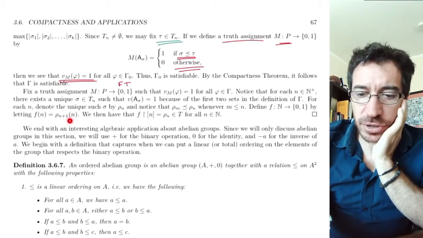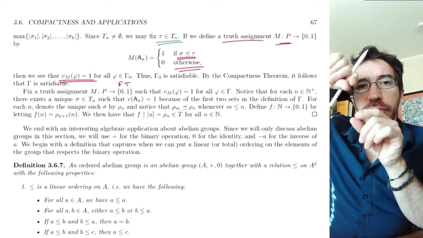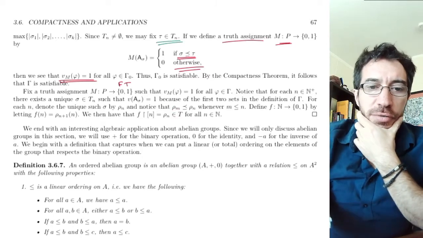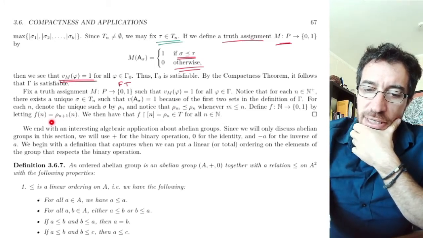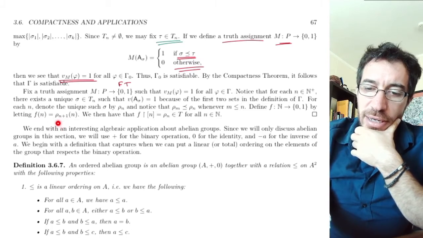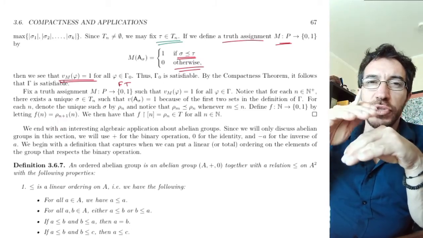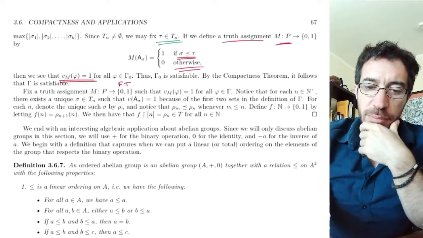Well, these rho m's and rho n's are finite tuples, and what we want to define is a function. What is the value of this function at n? And why is it taking n plus 1? Well, because rho n has size n, so it's only defined from 0 to n minus 1. So you need to go at least to rho n+1.